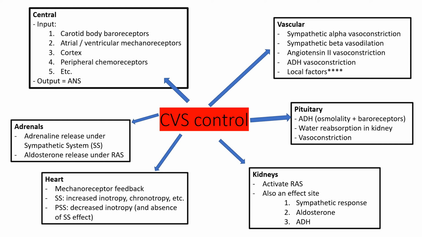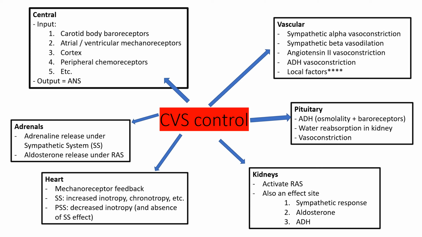The effects of the parasympathetic input are firstly the absence of sympathetic input, and secondly, a slowing down of heart rate and electrical conduction. The atria and ventricles have mechanoreceptors that respond to stretch and filling of the heart, and these feed into the control center in the hypothalamus.